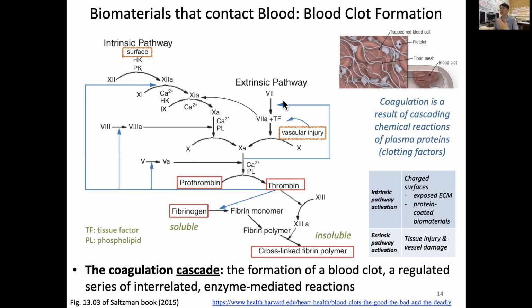So this is a map of the intrinsic and extrinsic pathways. From the charged surface, there is enzymatic activation; you see the small a means activation.